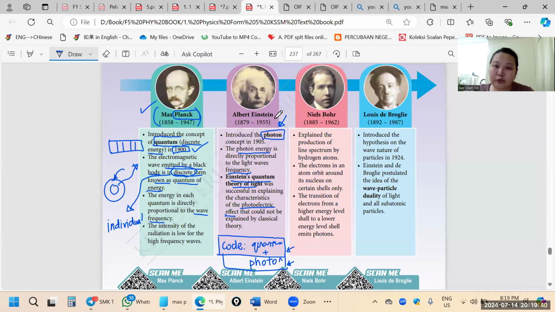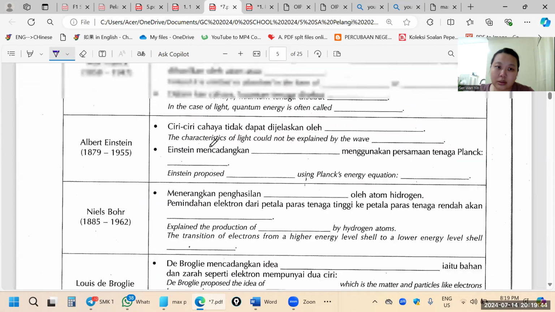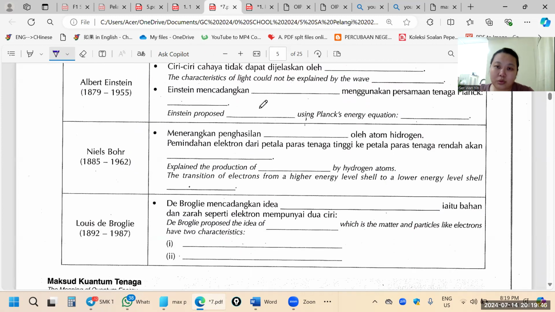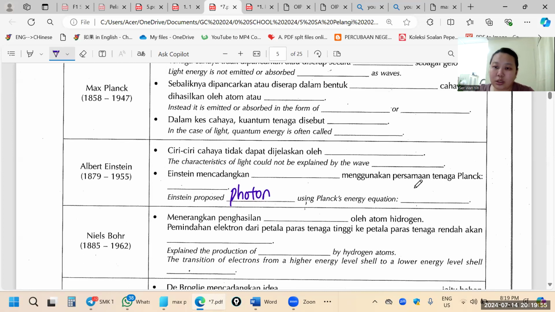So what is a photon? The photon concept is proposed using Planck's energy equation, which is E equals hf.